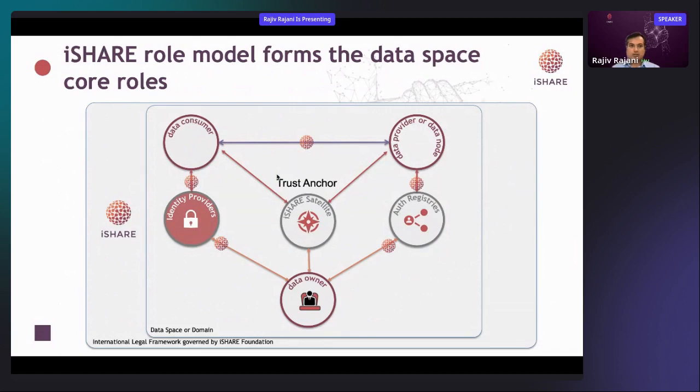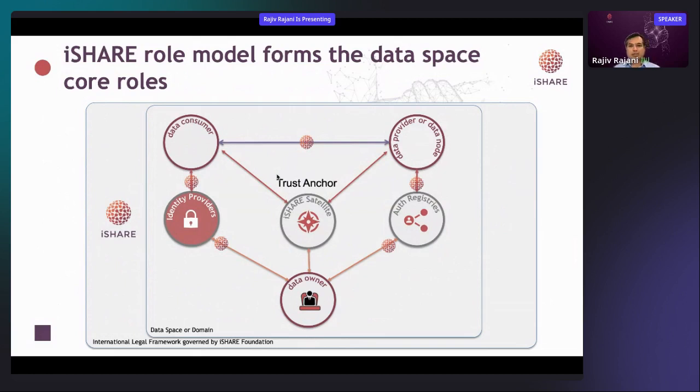And the link is basically the iShare role model and the data spaces role model. You can see there is a clear overlap between these two. Both define the data exchange party. iShare additionally defines the entitled party role, who is basically allowing the access rights to be given to the data consumer for getting the data.